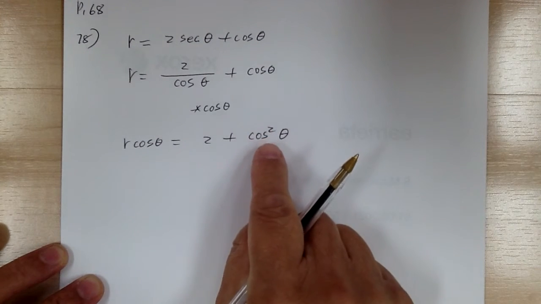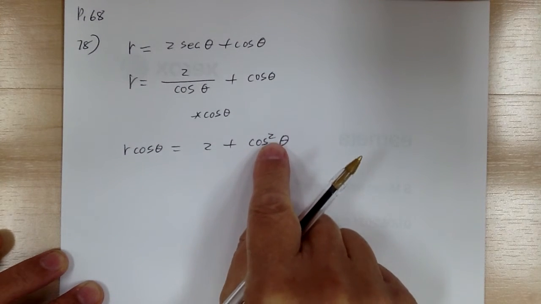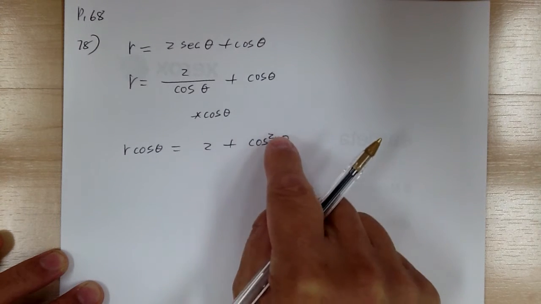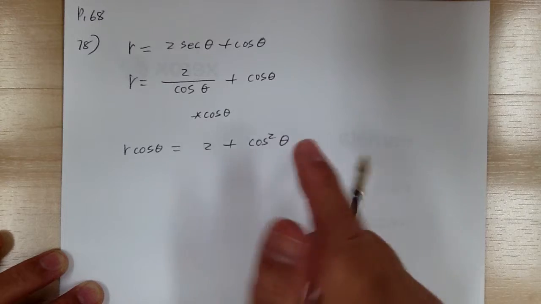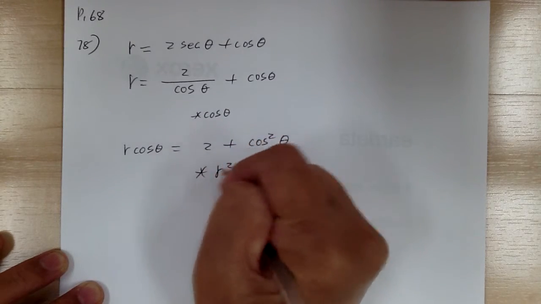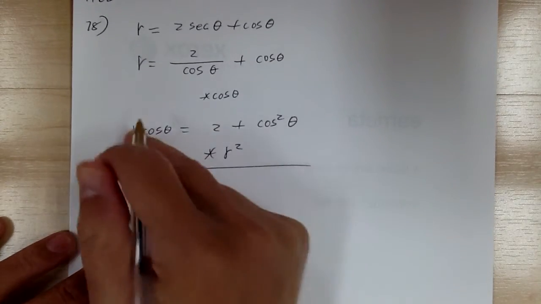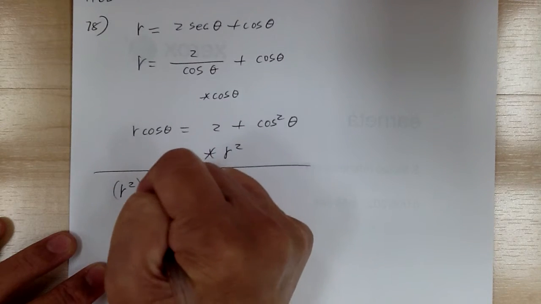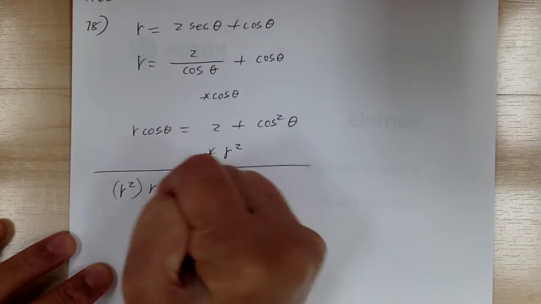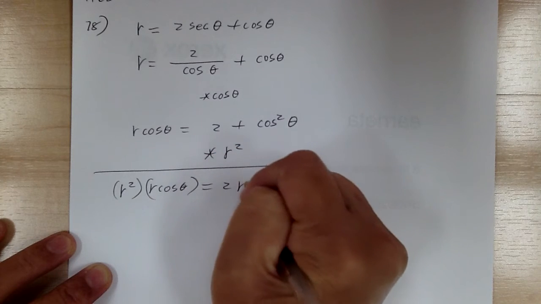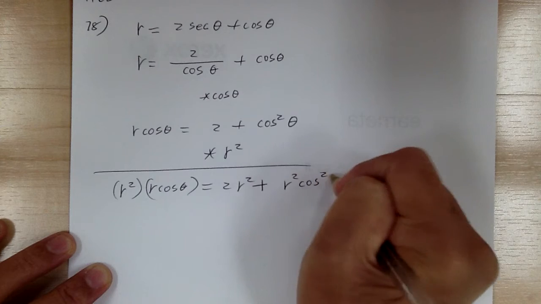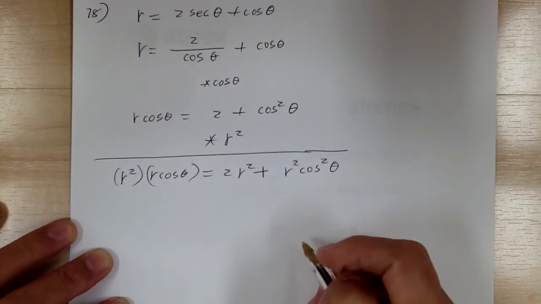And now to convert this into rectangular, since this is cosine squared theta, you need to multiply by r squared, because you need to have an r cosine theta. Okay, so multiply by r squared. Now you don't want to multiply that, so keep that as is. So you're going to have r squared, and you have r cosine theta equal to 2r squared plus r squared cosine squared theta.